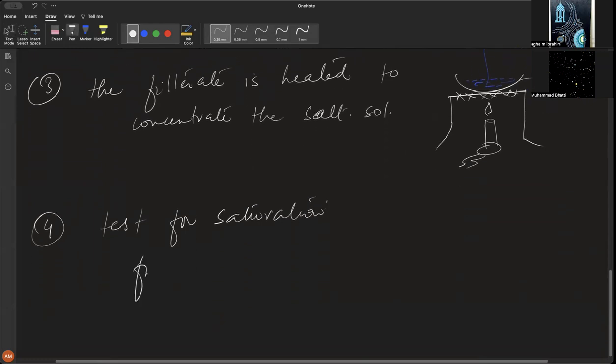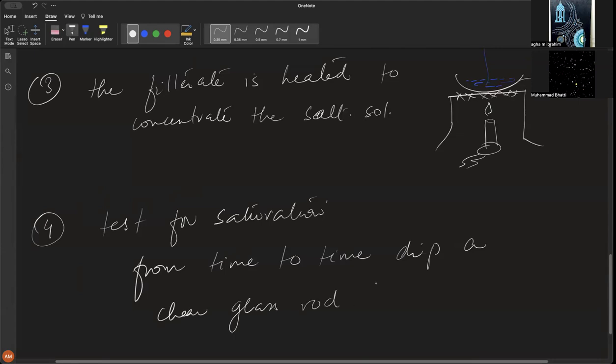From time to time, dip a clean glass rod into the heated filtrate.